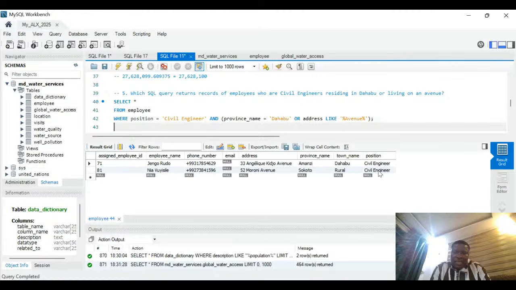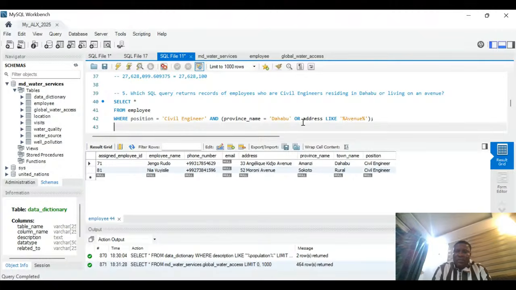We have civil engineer here and we have Dahabu here, so this person meets the condition. We have civil engineer here, and then avenue also here, which means this person also meets the condition of the query. That is why both have been returned. So you look at it and select which of them is the right answer as provided.